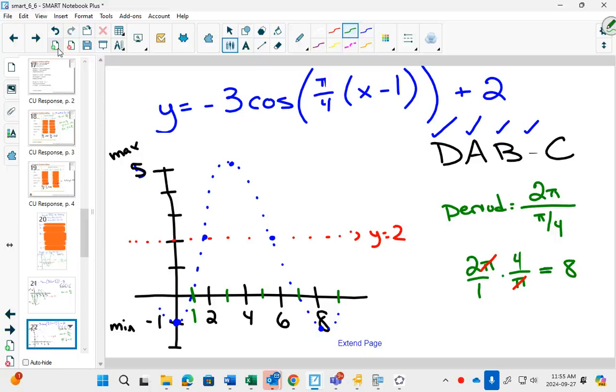And we shift each of our points over 1 tick mark. And we have our final graph.